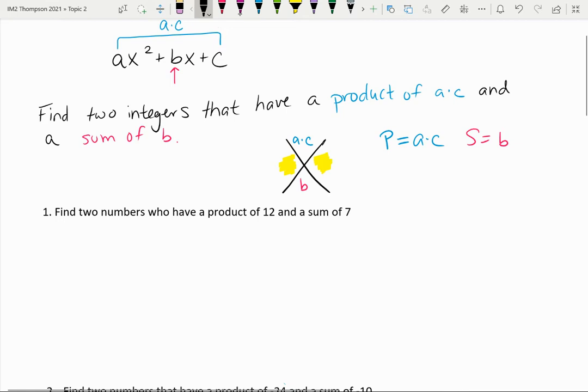So in this instance, example 1, find two numbers that have a product of 12 and a sum of 7.